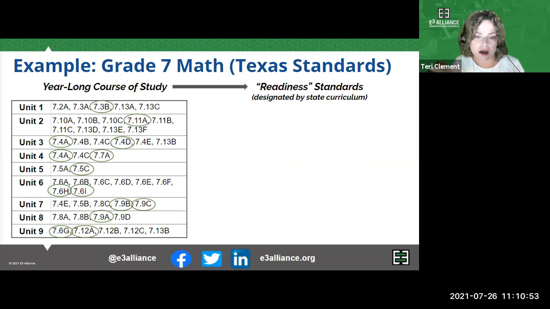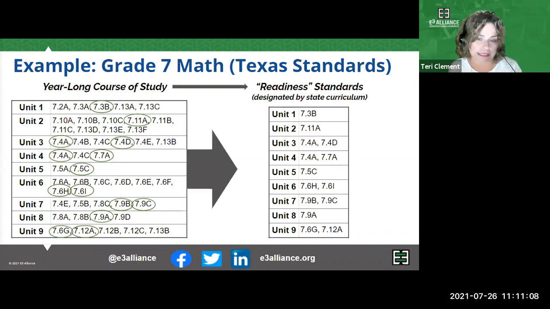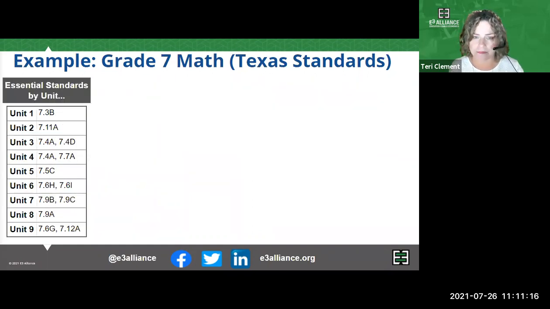They address broad and deep ideas and concepts, and they can also be shown to support post-secondary readiness. If we narrow our goals for accelerated learning for all with the readiness focus, that gets us down to 13 standards, which is much more reasonable, but it's still too much. Remember, we're trying to aim for 8 to 10.